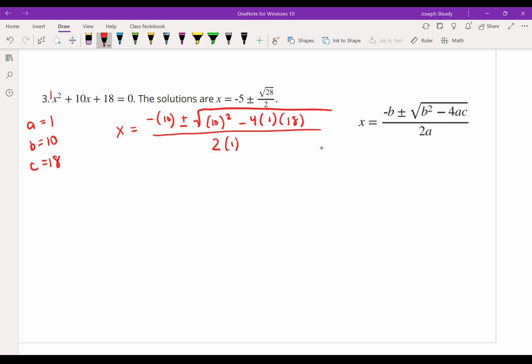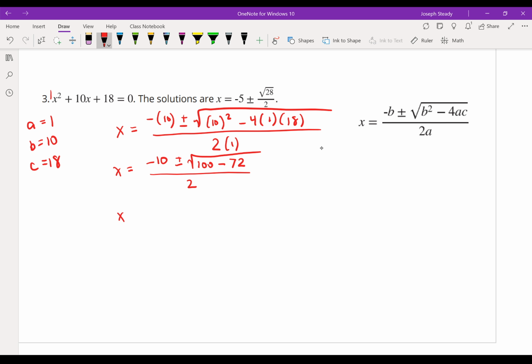So we filled in all the pieces very carefully, using our parentheses well. And from here we go to simplify. So x equals -10 plus or minus the square root of 10 squared is 100, -4 times 1 times 18 is -72. And then on the bottom, 2 times 1 is 2.